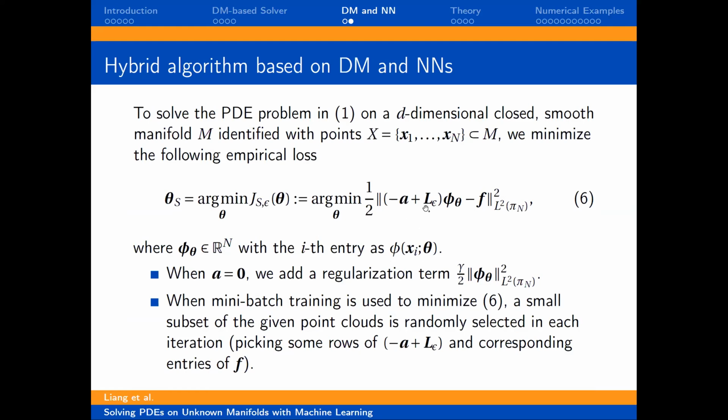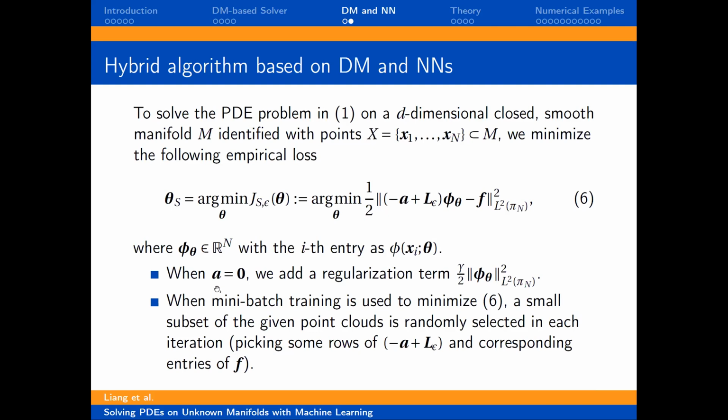Here L epsilon is the diffusion mapping discretization on the given point cloud, and phi theta is the vector whose ith component is the neural network output evaluated at the point Si. We minimize this objective function to obtain the neural network parameterized by theta.